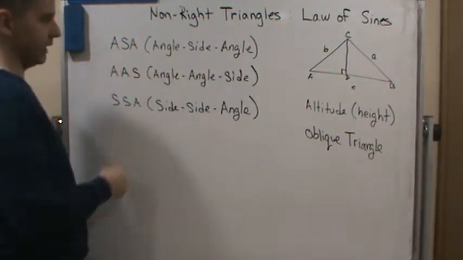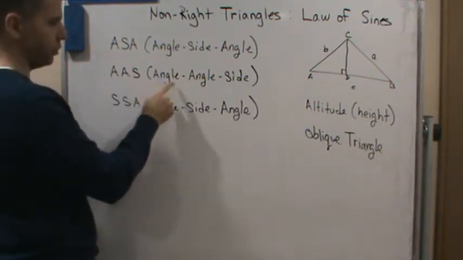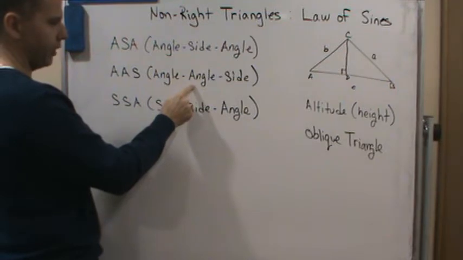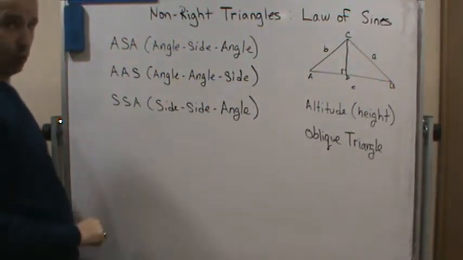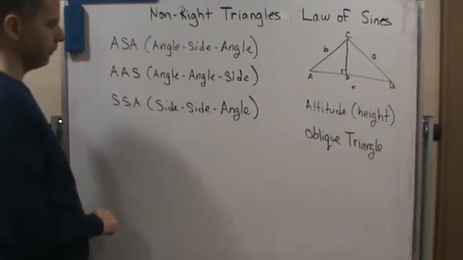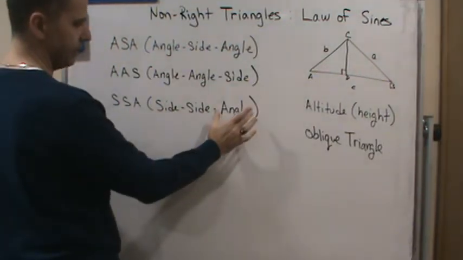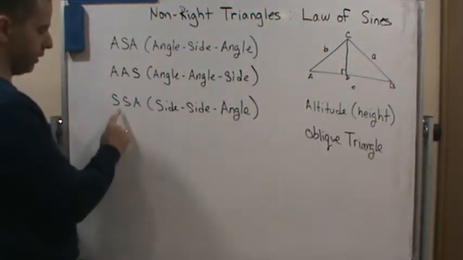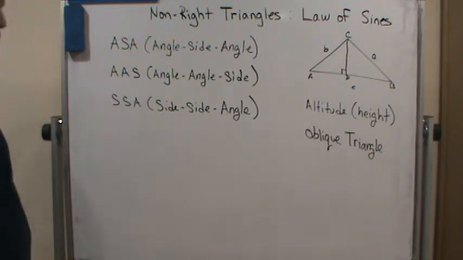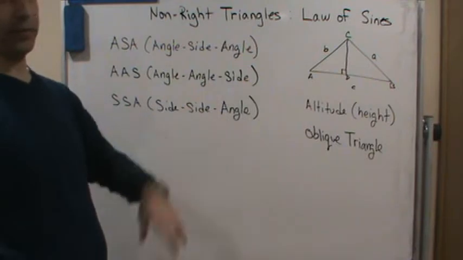Second, angle, angle, side: we know two of the angles and one of the sides adjacent to one of those angles. Third, side, side, angle: we know two sides and an angle adjacent to one of those sides. We're going to do examples of solving these using the law of sines.